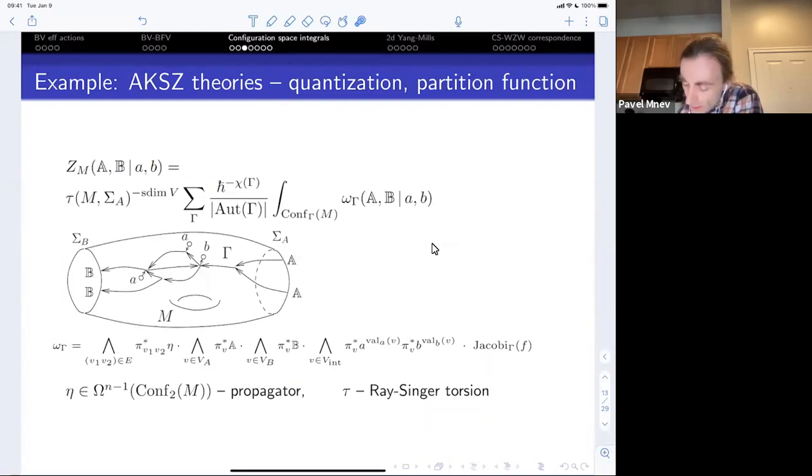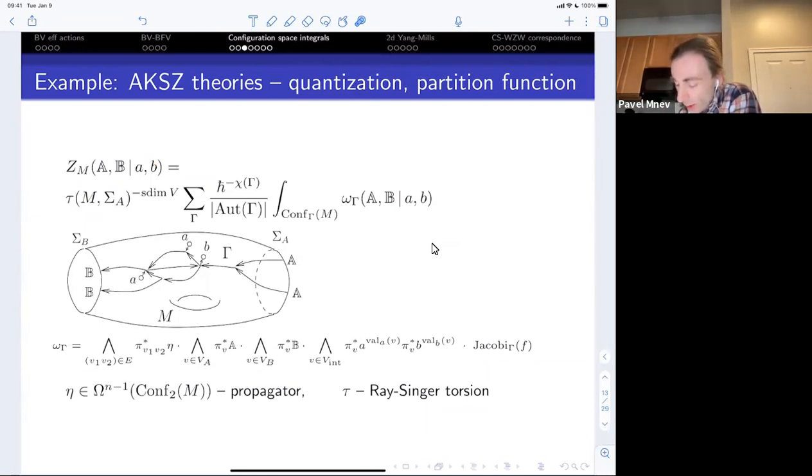The formula is like that. It is the Reidemeister torsion of M relative to the A boundary, raised to the power negative superdimension of the coefficient space, and then a sum over diagrams.